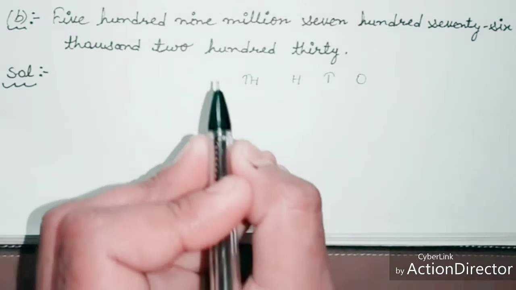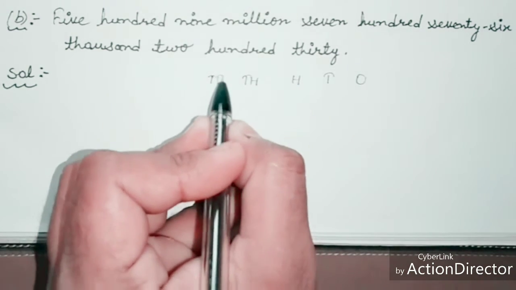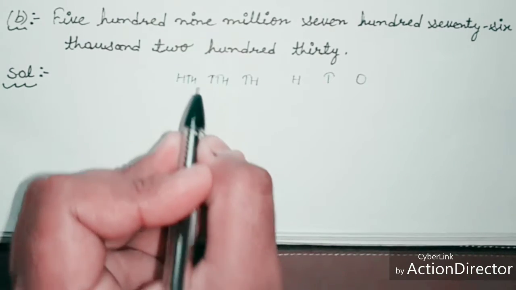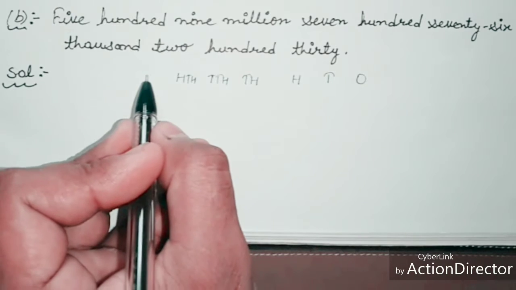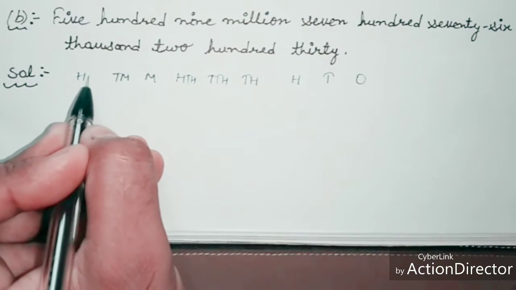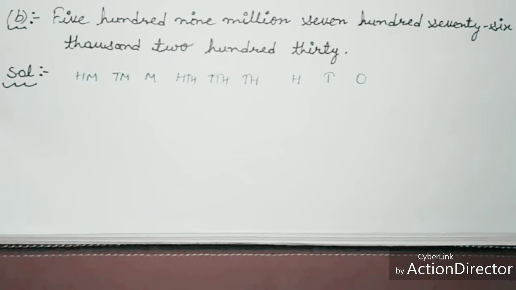Now we write 10,000 and now 100,000. Then million, 10 million and 100 million. So we write the following number in the place values.